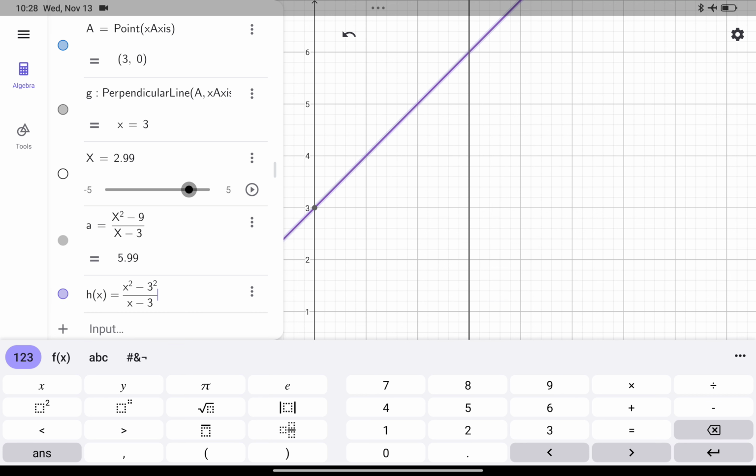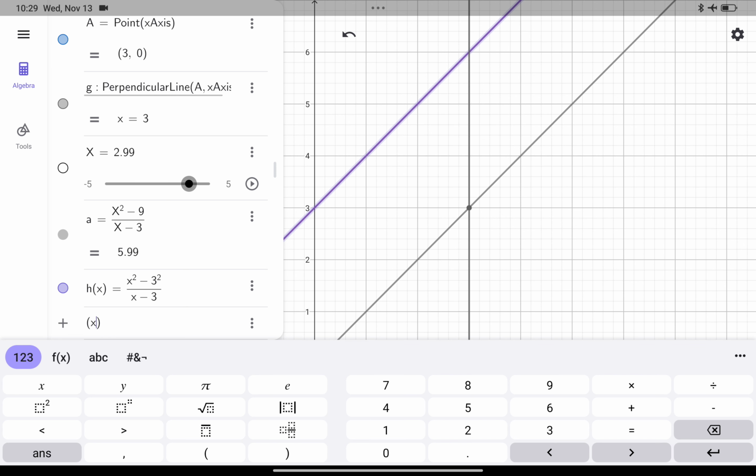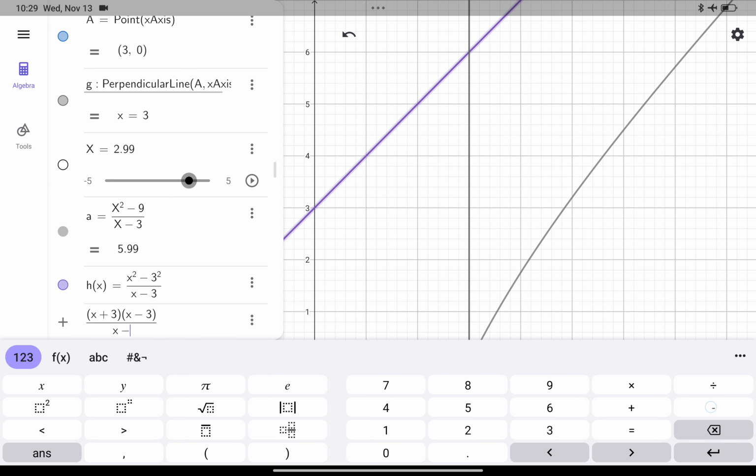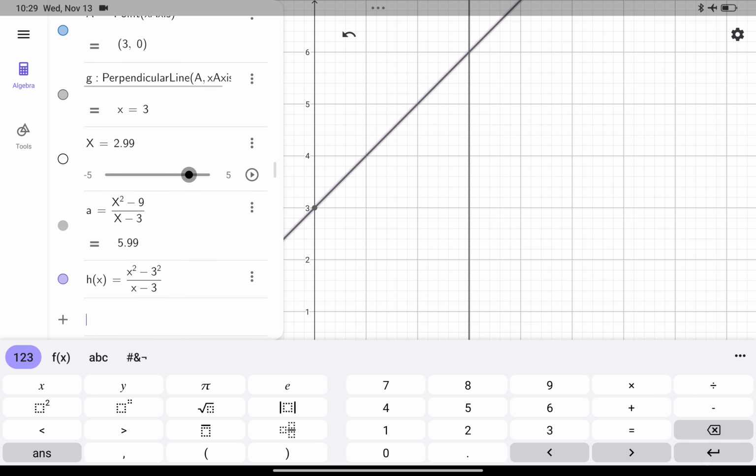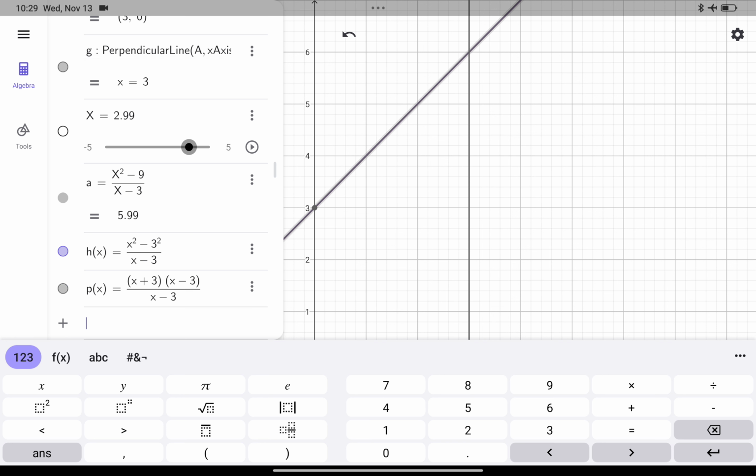And there is a formula that goes like this. You see, we can cancel this x minus 3 and x minus 3, and the function remains x plus 3.